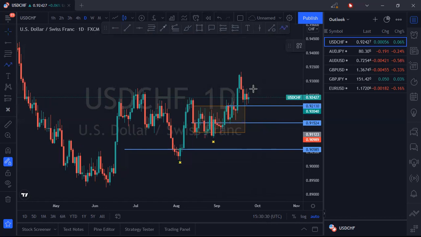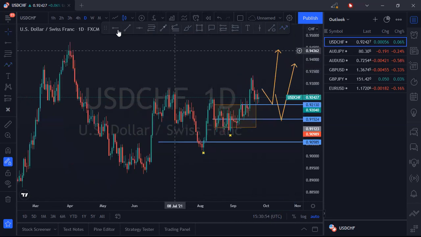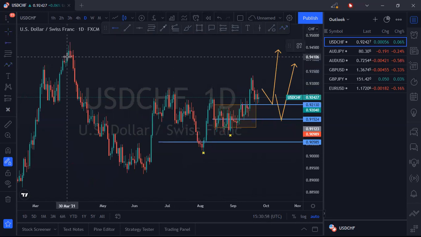Either it will get here and then move up, or it will move into the 50% of this zone and then move up. By taking a buy trade, my target is going to be this area.